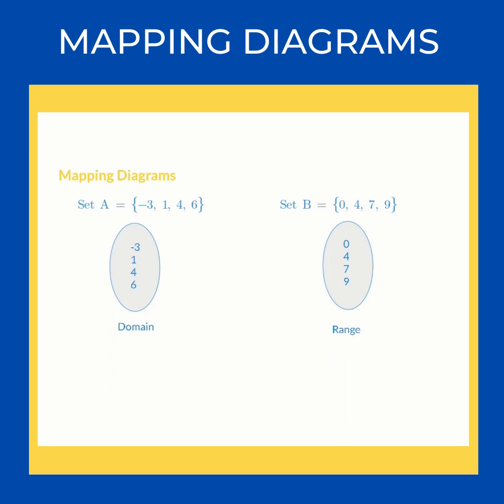Mapping diagrams. Let's assume that we have two sets, set A and set B. The question is how I'm going to get set B from set A. Set A consists of 4 elements: -3, 1, 4, 6.